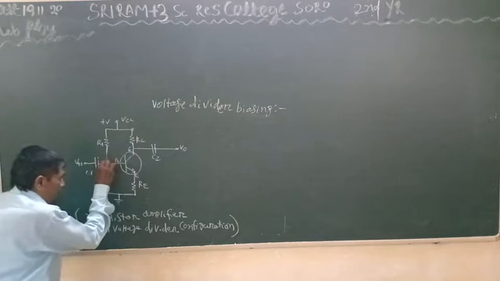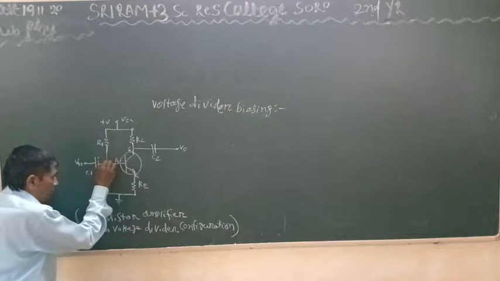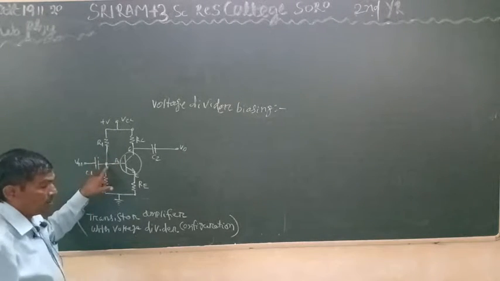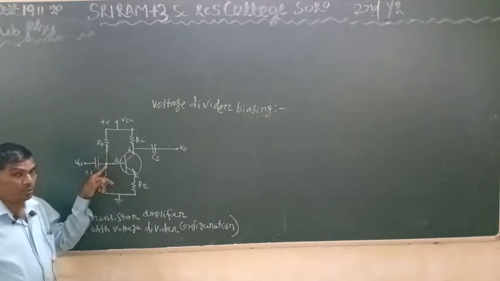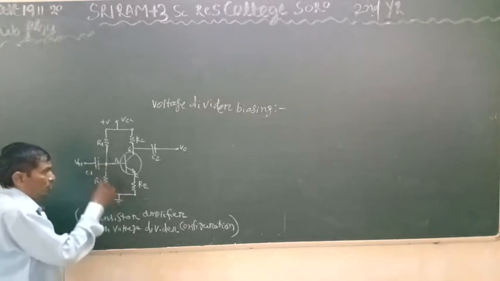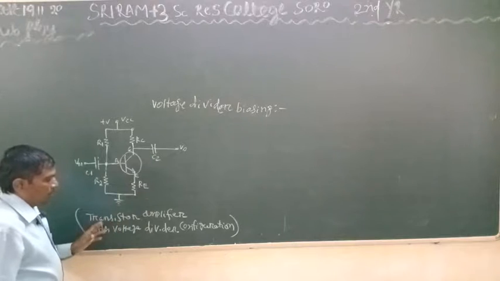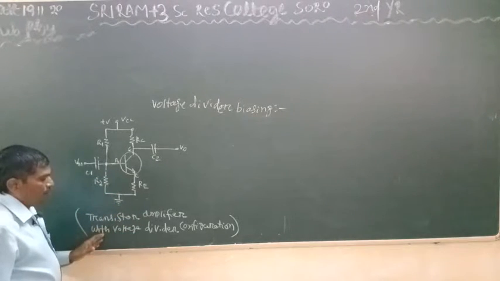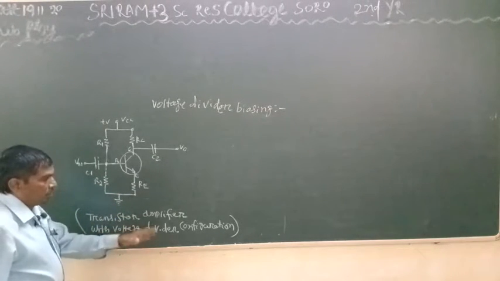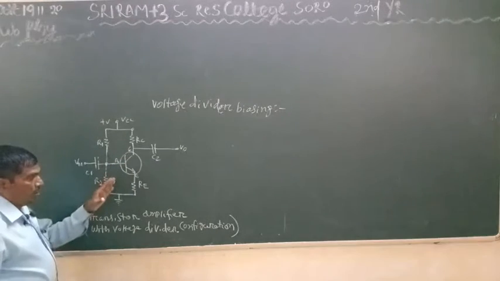So at this point the voltage is also divided. So this is the transistor amplifier circuit by voltage divider configuration.